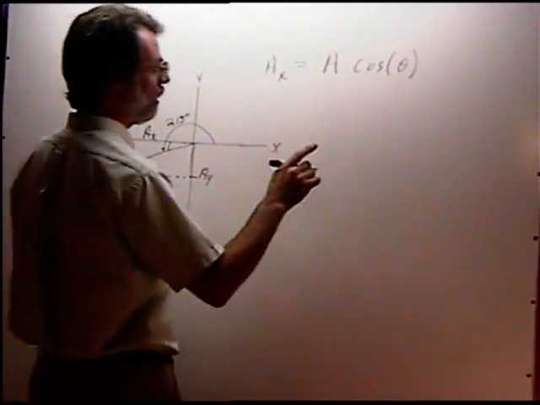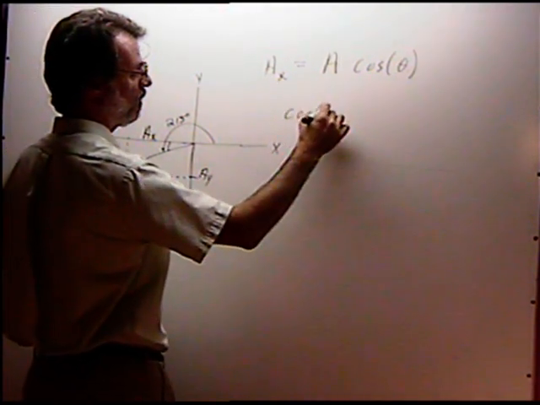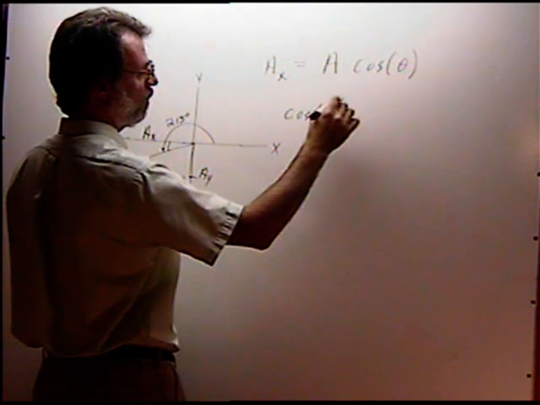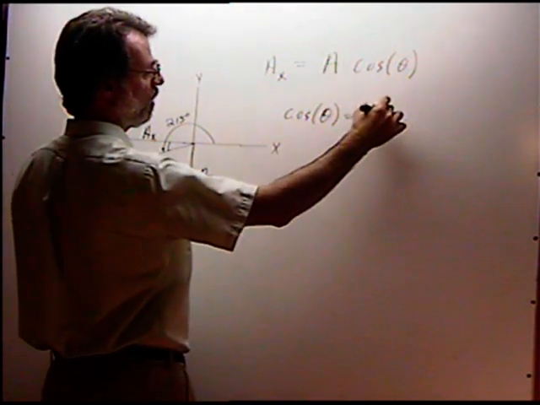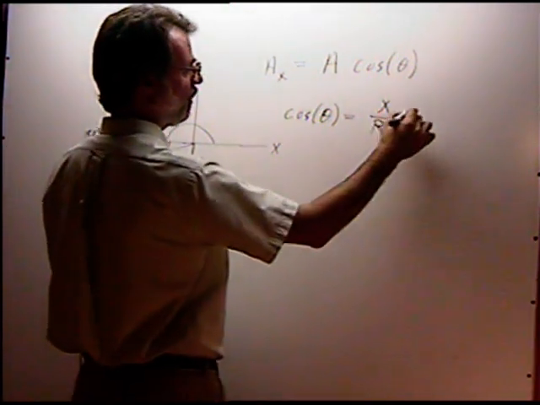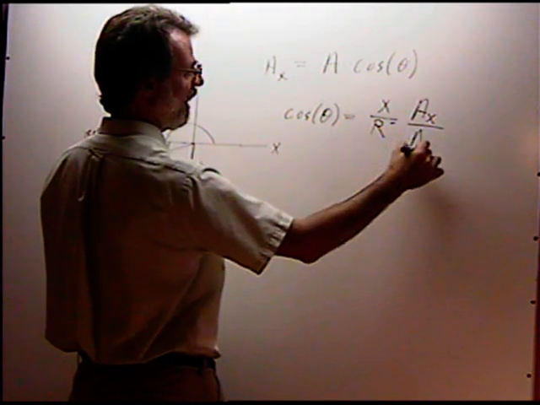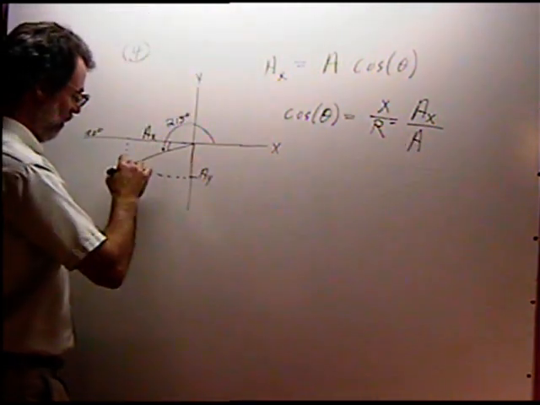I wrote it out quickly, but where it comes from is, remember that the cosine of the angle equals the x component over the hypotenuse. In this case the x component is AX, and the hypotenuse is A, the length from here to here.